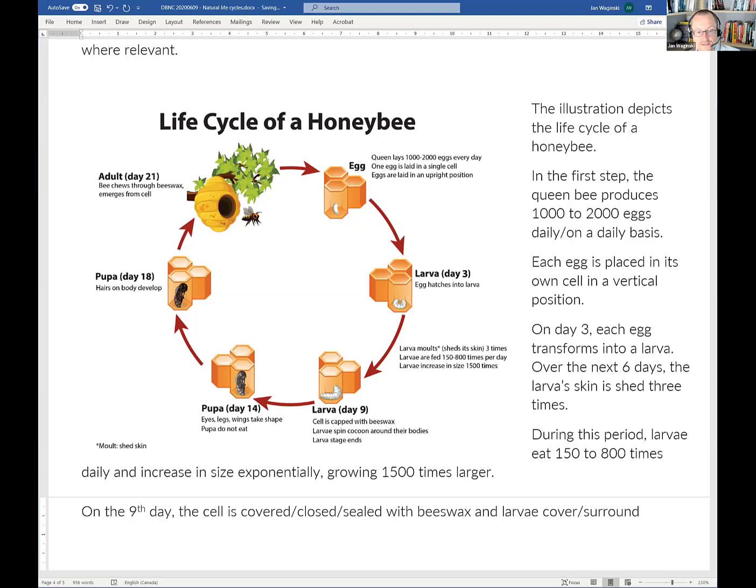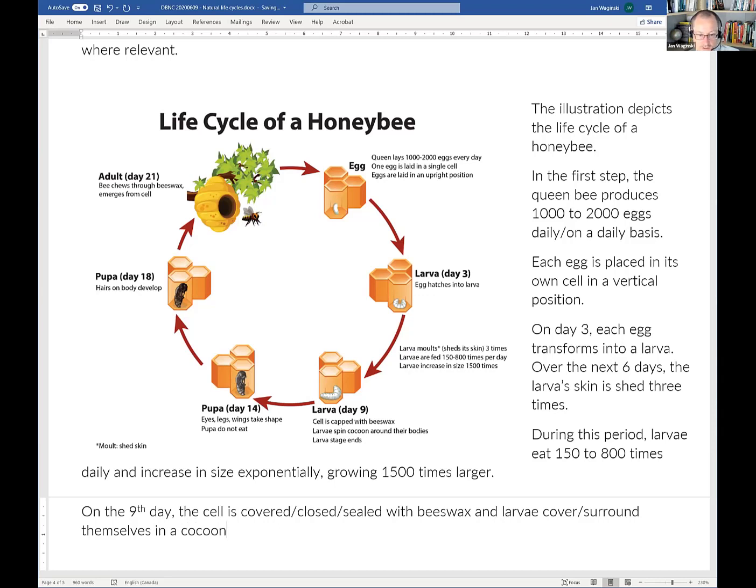For processes, the most common verb you're going to use is present simple, because the time doesn't matter for this kind of process. The cell is sealed with beeswax and larvae surround themselves in a cocoon.